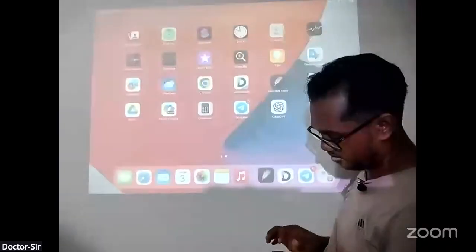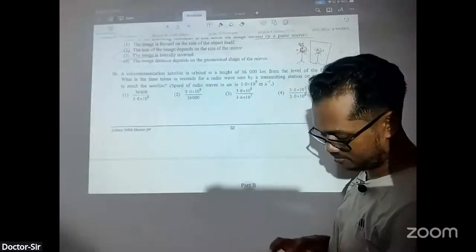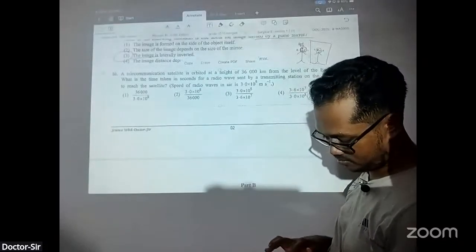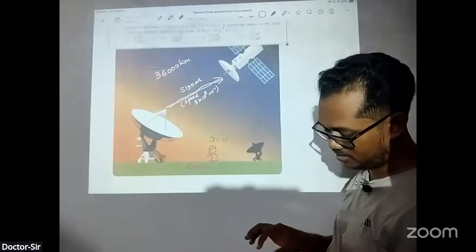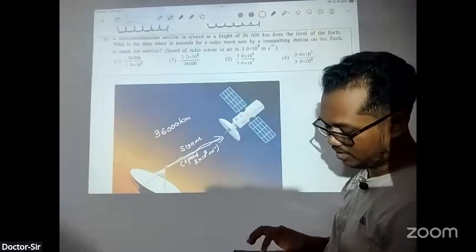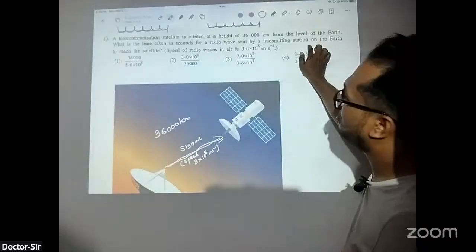I will take the question to that area and paste it here. The satellite is 36,000 kilometers from the level of the Earth.